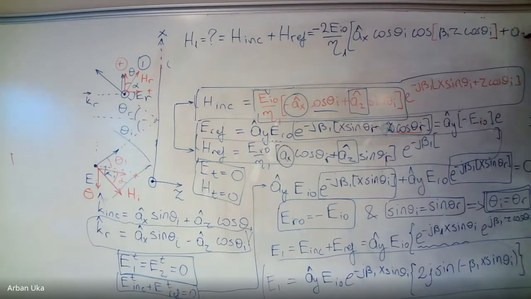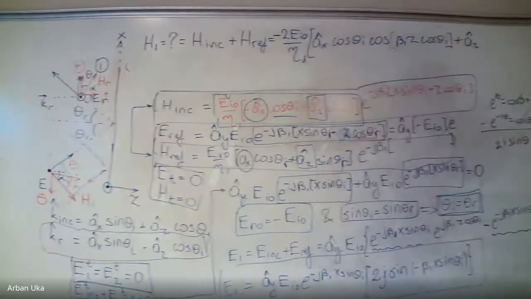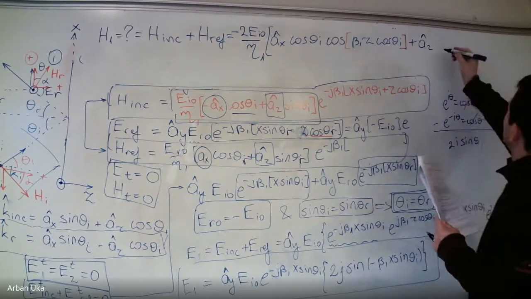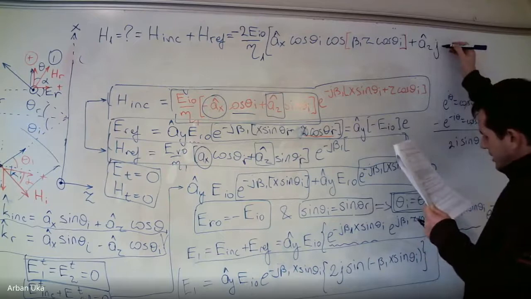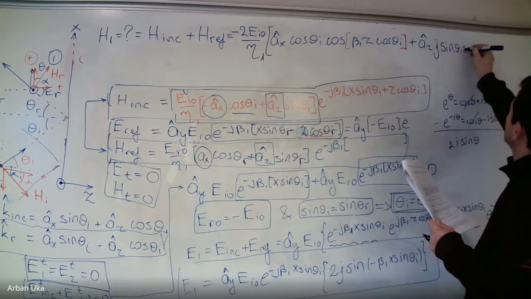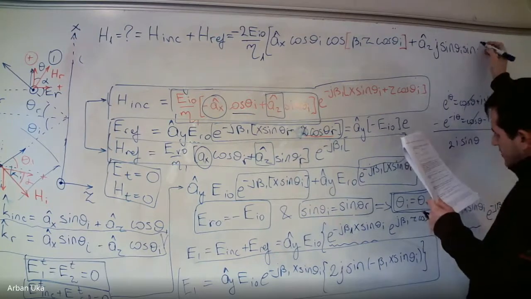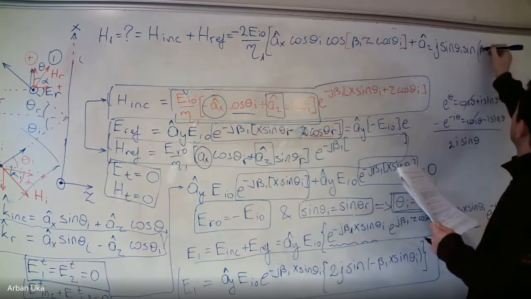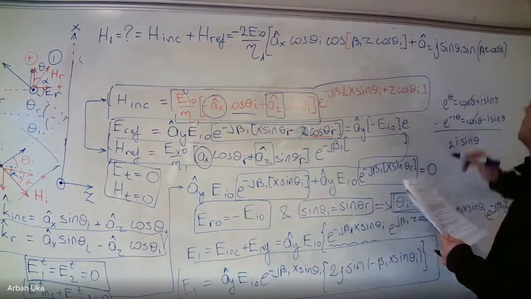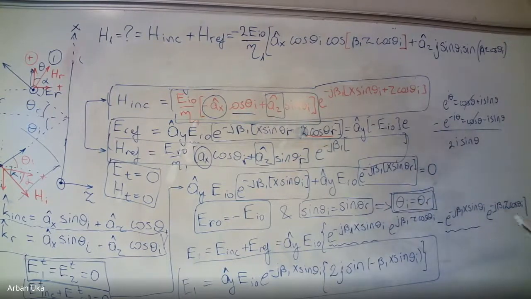So here we have plus AZ, and plus AZ. But now here we have a complex term, which is J sine theta I sine beta 1z cosine theta I.